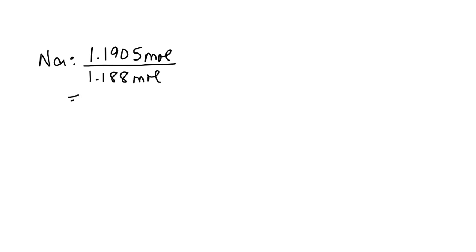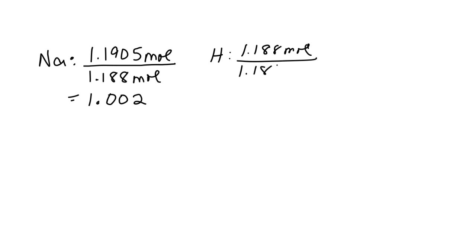You see they're fairly close, but we're going to write down this factor. So we're going to get 1.002 for sodium. For hydrogen, this is easy. We divide hydrogen's value by itself because it's the smallest amount. This is an even factor of 1.